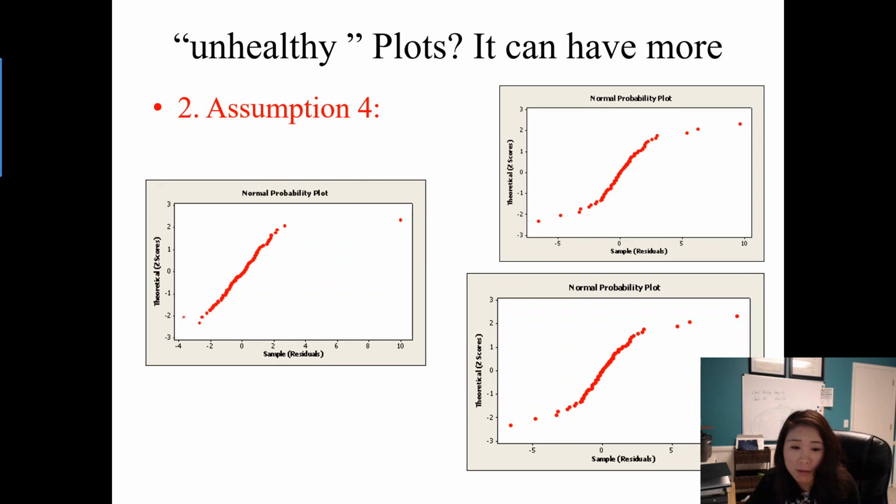It seems like everything is on a straight line except that one. Therefore, assumption 4 is violated. Not all the scatter is approximately a straight line. Look at these two. It's even more obvious, and you can see the beginning and the end create an S shape instead of a straight line. So your assumption 4 is violated based on all 4 charts.